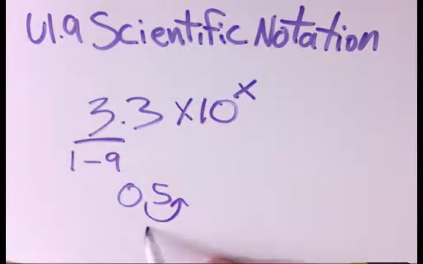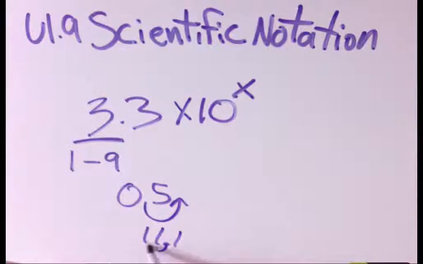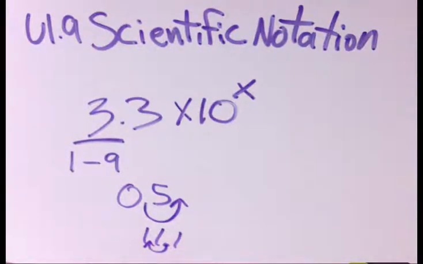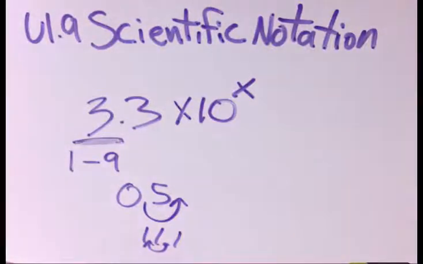Or if you had 11, you would have to move that decimal point over to the left. So you always have to have only one digit in front of the decimal, and you're always going to have the times 10 to some exponent.